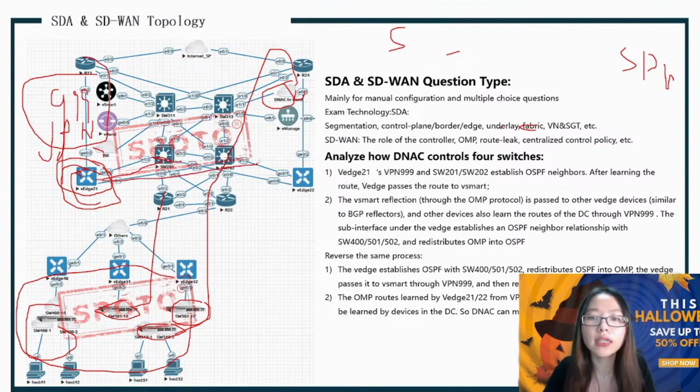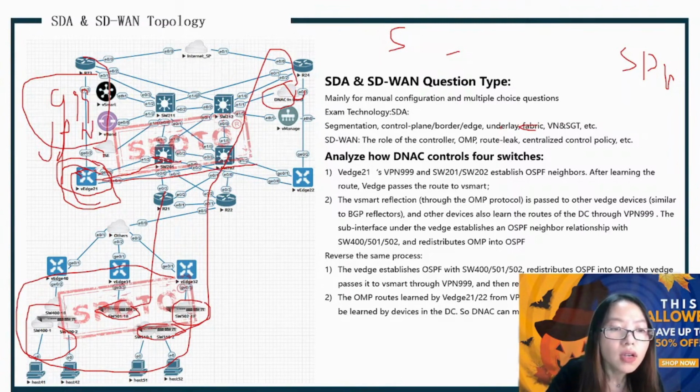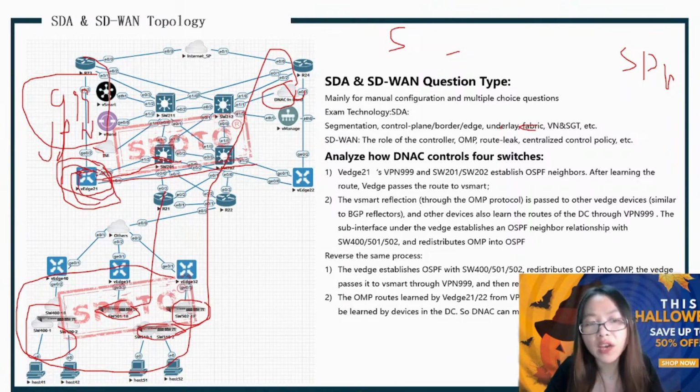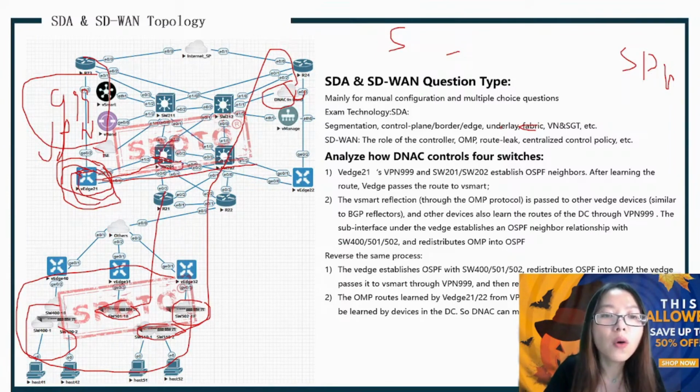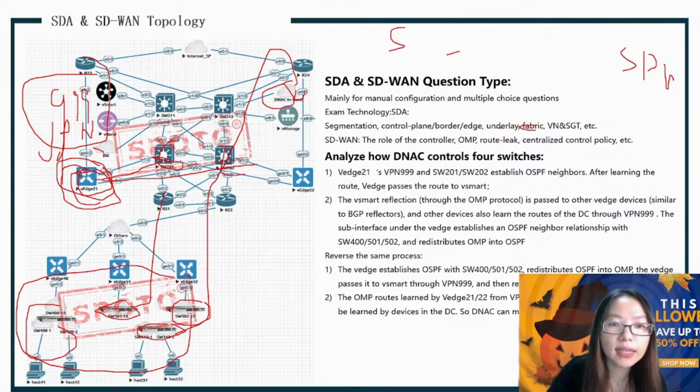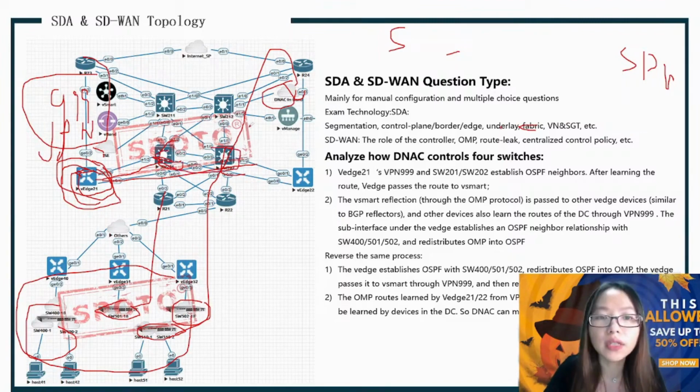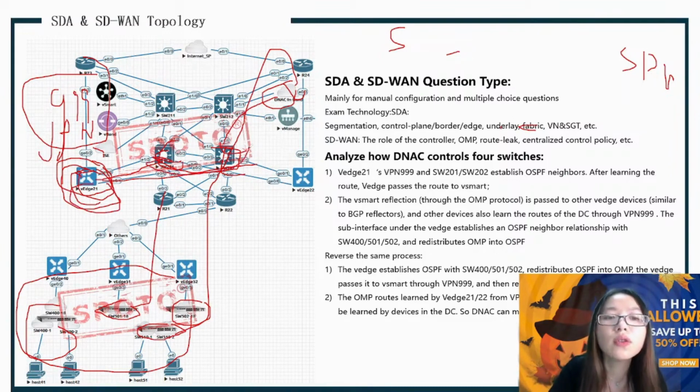So VH will learn the OSPF routes through switch 201 and 202, and switches 201 and 202 can learn the DNA Center route. So VH can learn the DNA Center route through these two switches.